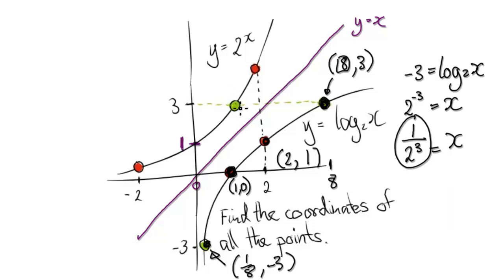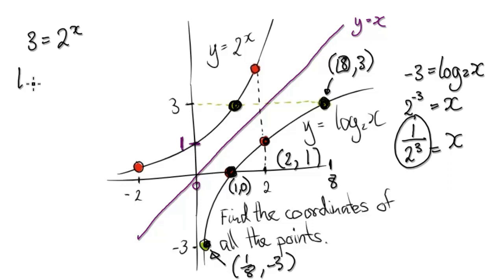Let's tackle this one here. We know the height is 3, so put 3 into the y. That would be 3 equals 2 to the power of x. Now, let me think, log base 2 equally to both sides.